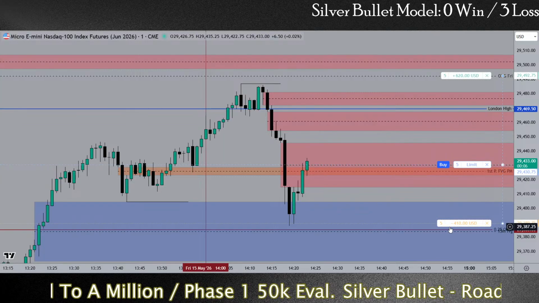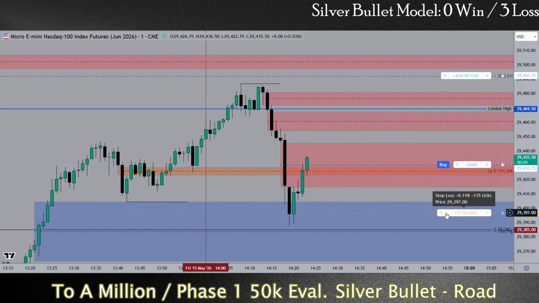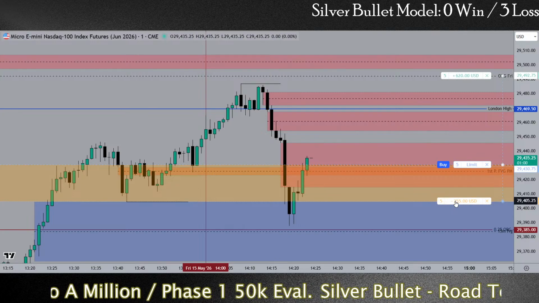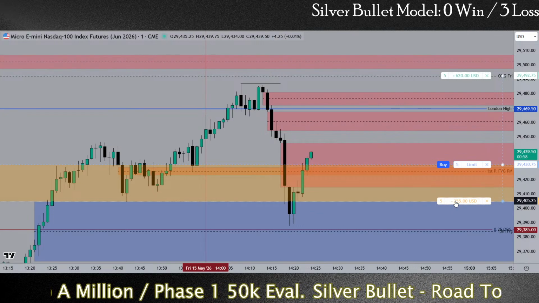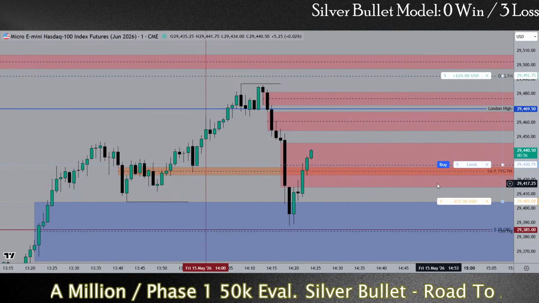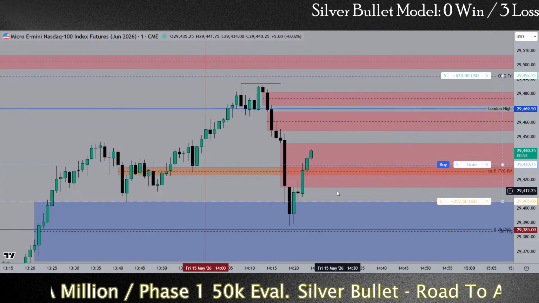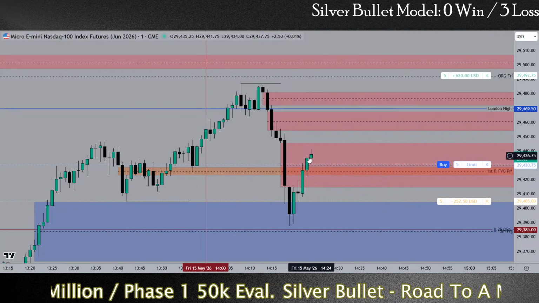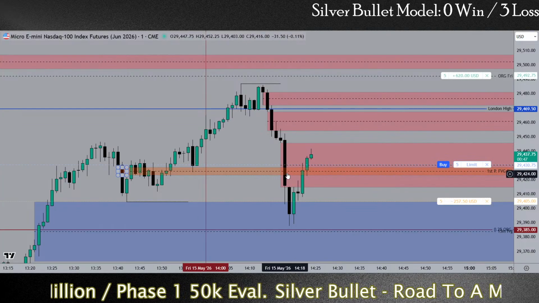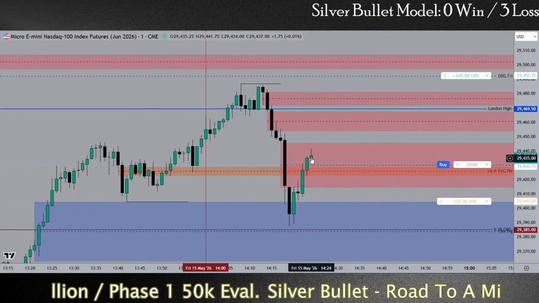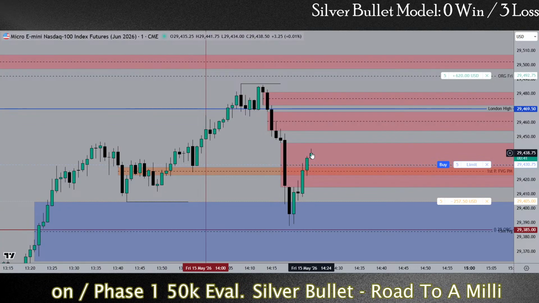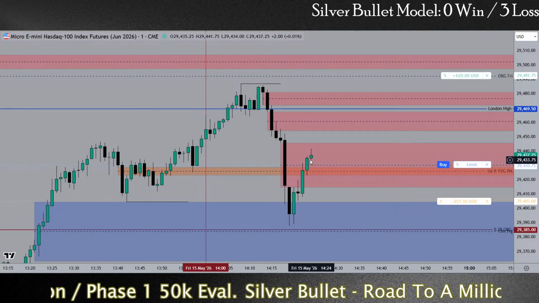Something like that would be fairly reasonable. Expectation, I guess. So yeah, we already closed in the upper half, so that's a good sign for this to actually go higher.